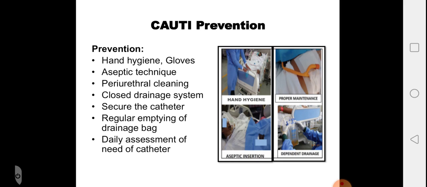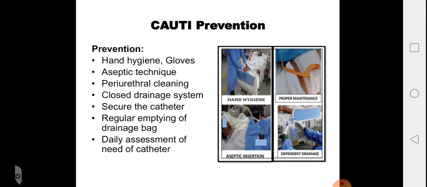You have to secure the catheter which is lying outside the body with the help of a tape onto the thigh, so that it does not kink the catheter. Then regular emptying of this closed drainage bag. I already told you that every 8th hourly or once it's 2/3 full, it has to be emptied.